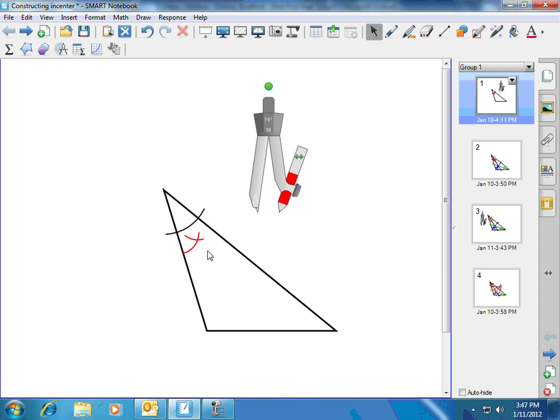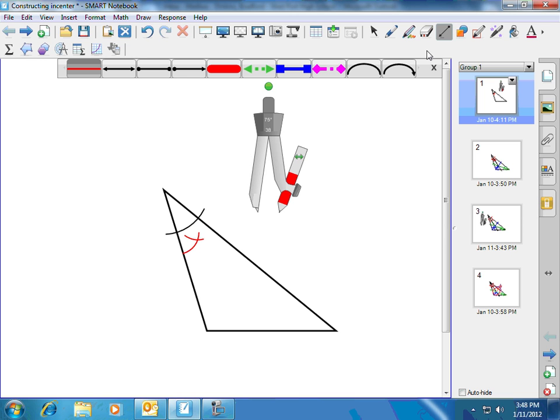Those two points give me what I need to construct an angle bisector. So from the vertex and through the point of intersection of those two arcs, I'm going to construct an angle bisector. And again, you need to be as precise as you can. It's kind of hard to tell on the image of this screen. But that's one angle bisector.